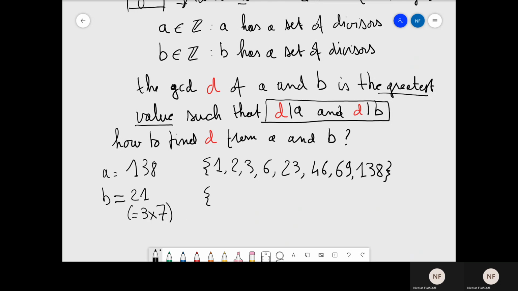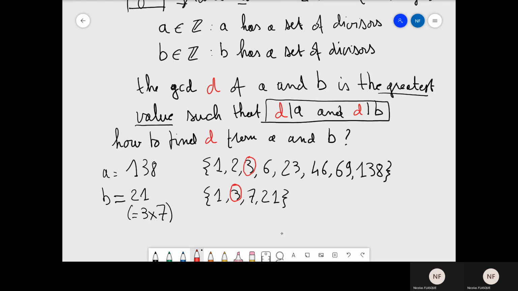So the divisors of 21 are 1, 3, 7, and 21. Actually, we just have to look through both lists, and we see that the element which is common to both lists and which is the greatest is 3.